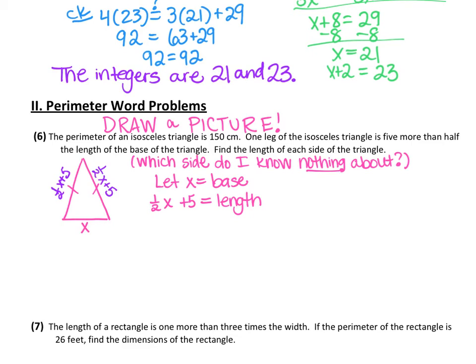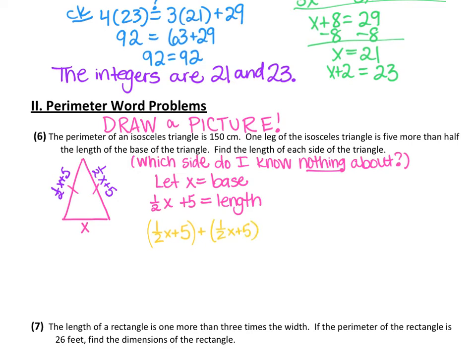What else do we know? We know that the perimeter is 150 centimeters. The perimeter is the distance all the way around a shape, and to find the perimeter you add up all the sides. So that's exactly what we are going to do for our equation. I am going to take my first leg, 1/2 x plus 5, and add the other leg to that, 1/2 x plus 5.